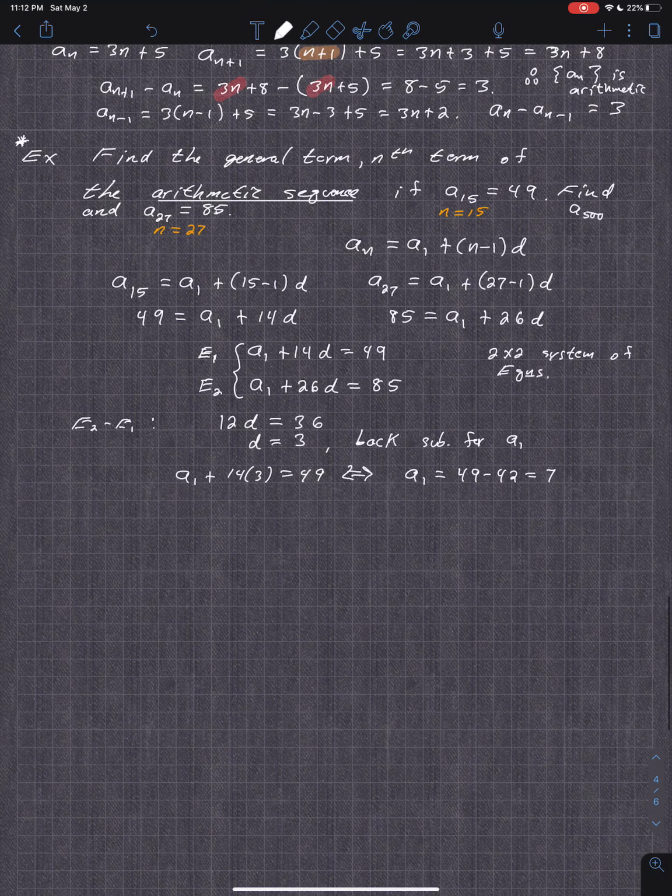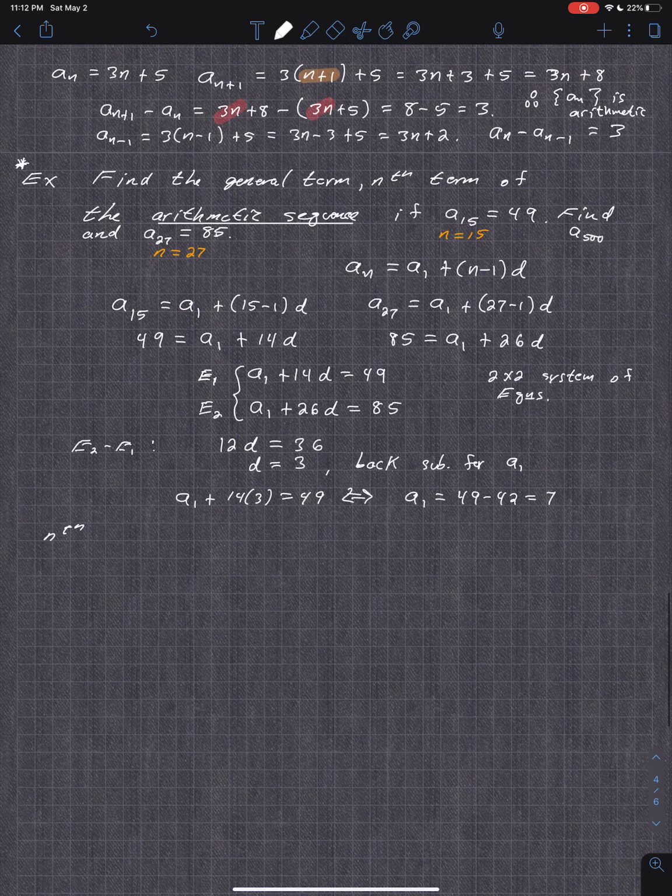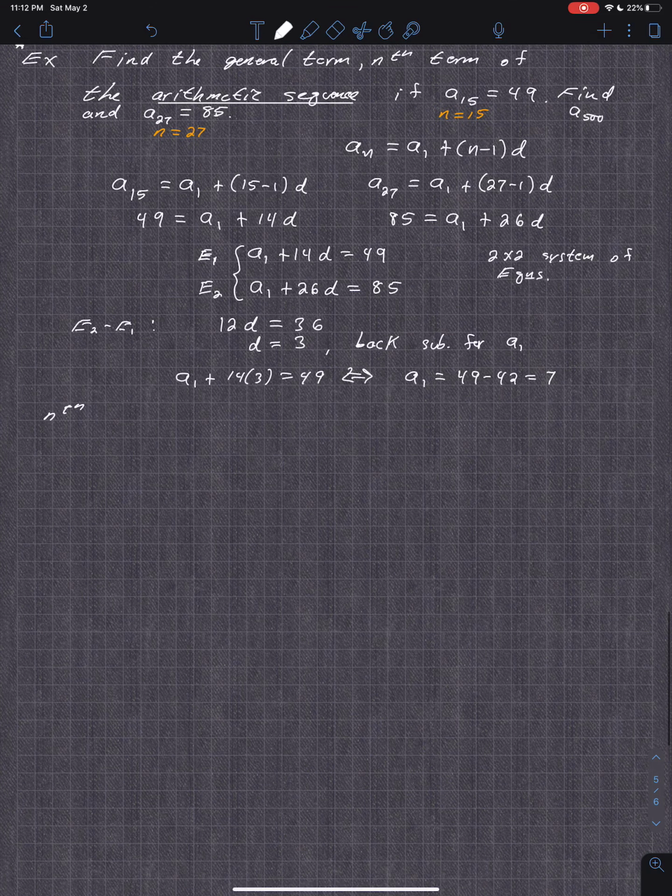So now you calculate the nth term. The nth term is going to be a sub n equal to the first term plus n minus 1 times d, which was 3. And then you simplify that.